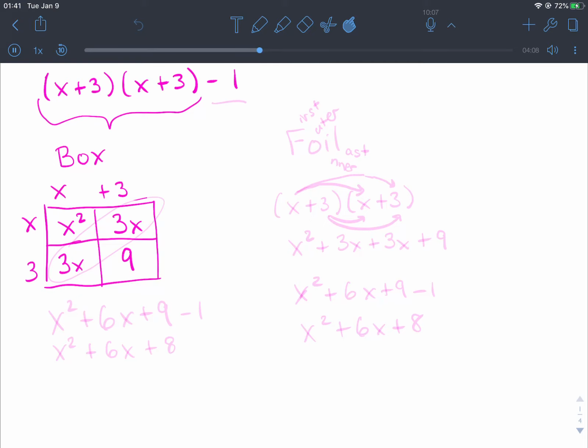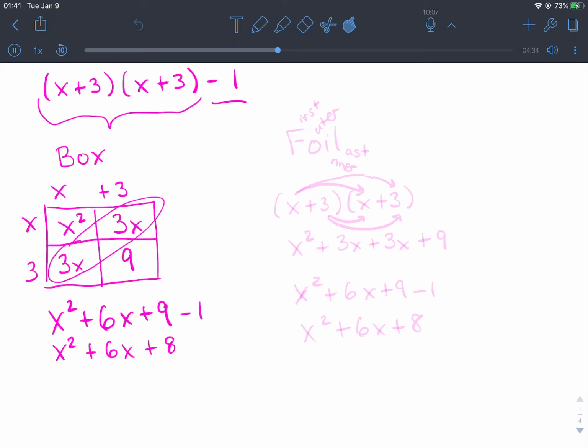And as you look at it, we have like terms. 3x plus 3x is 6x. So now it becomes x squared plus 6x plus 9. And don't forget the negative 1. So ultimately now it's x squared plus 6x plus 8, because 9 minus 1 is 8.